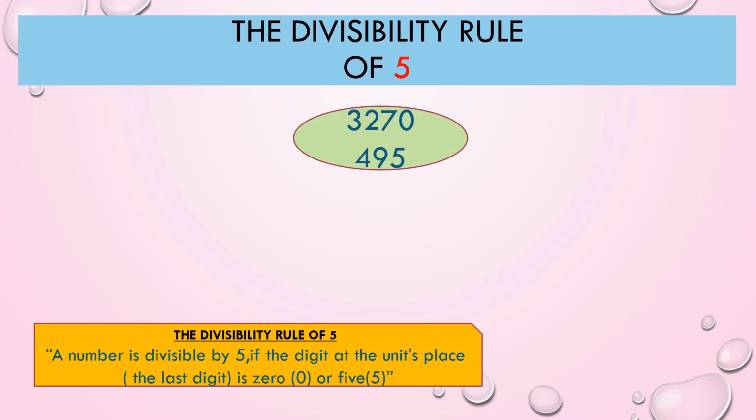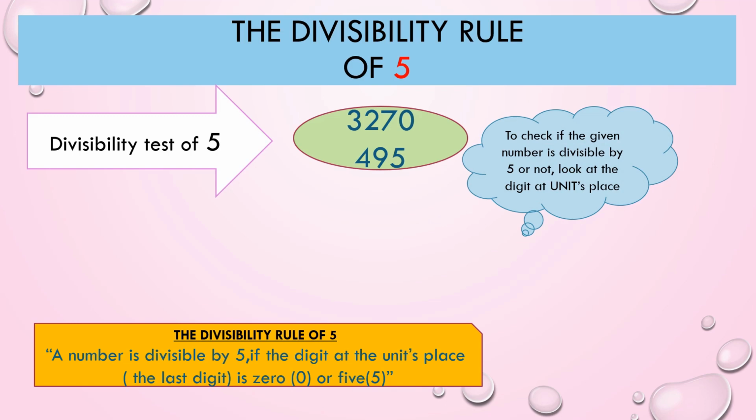Now we have two numbers, one is 3270, the other one is 495. Look at the digits at the end. We have a 0 in the upper number and a 5 at the bottom number. The digit at the units place is 0 and 5. So we can say that 3270 is divisible by 5.